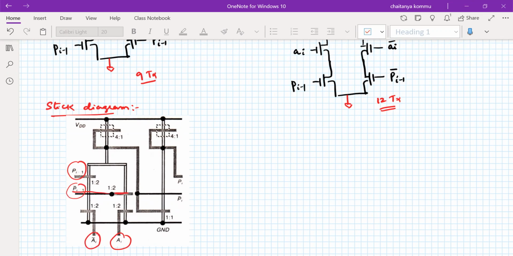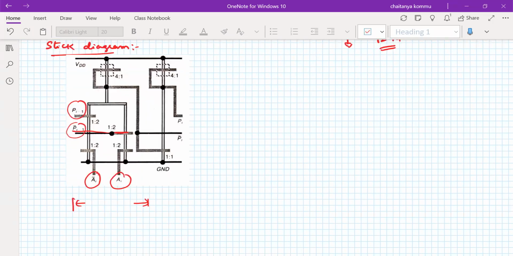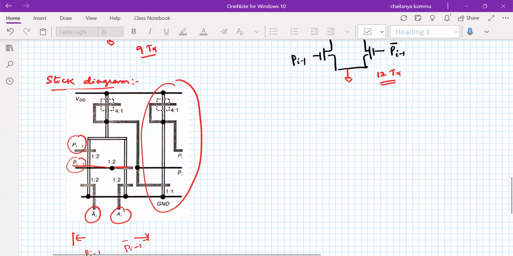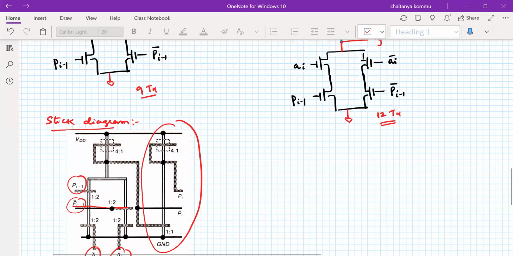Therefore, they have implemented an XOR gate here, by using PI minus 1 and AI bar, and this side is PI minus 1 bar into AI. That's the reason why they had to consider the NOT gate at the output side. But we haven't done like that. We have directly used it in this way. Either one is possible, but I would like to do it in this method.